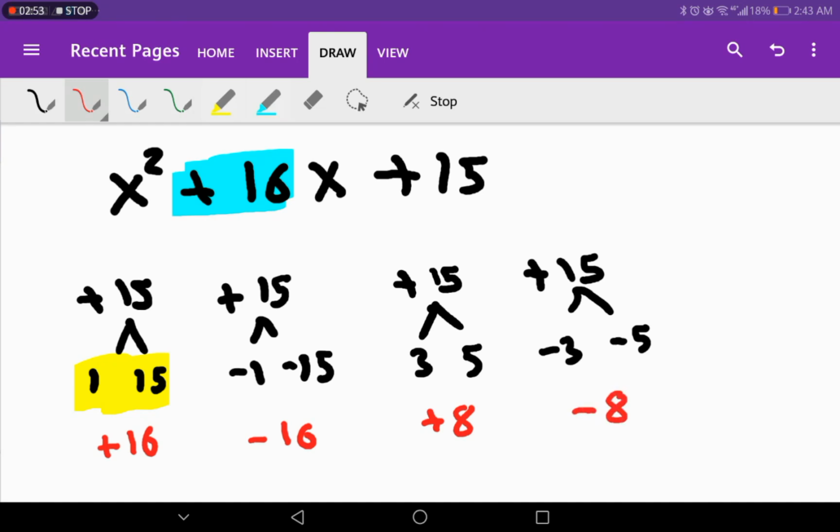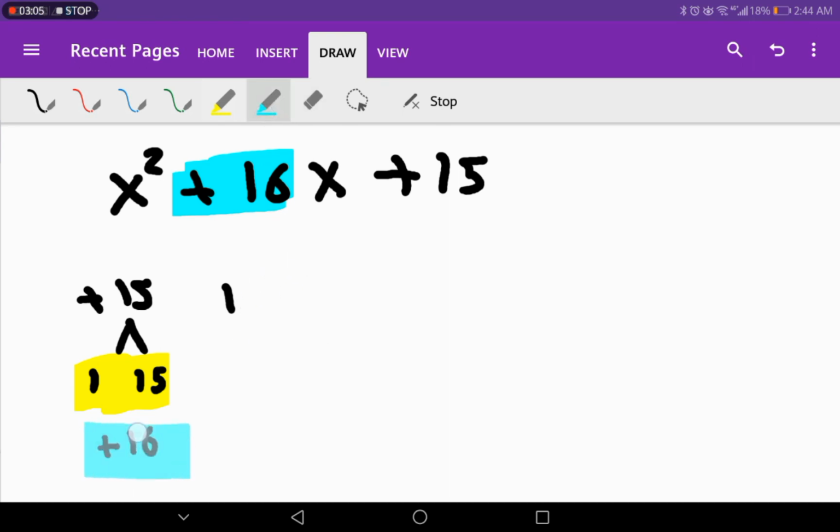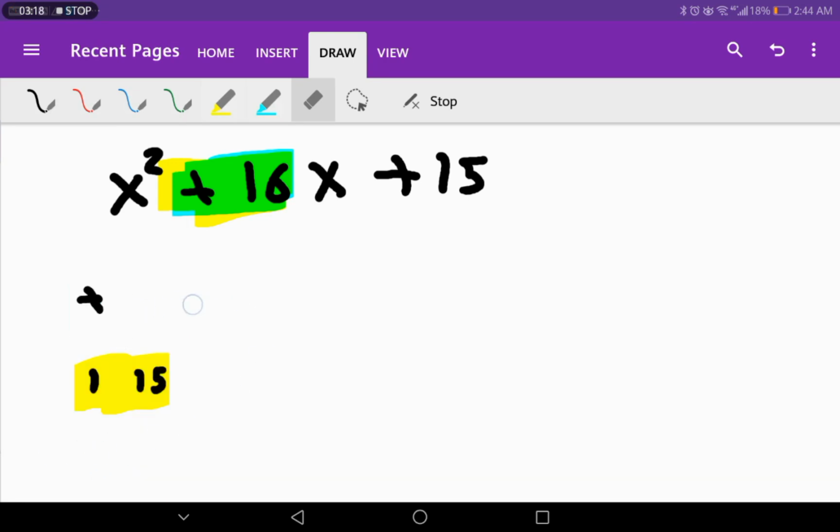Good. So actually I don't need this and this and this. I need this, because the middle term is positive 16 and the two factors give me positive 16. You know that? I know you know.